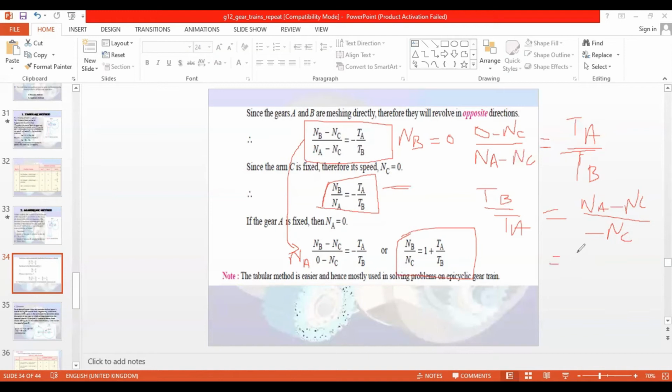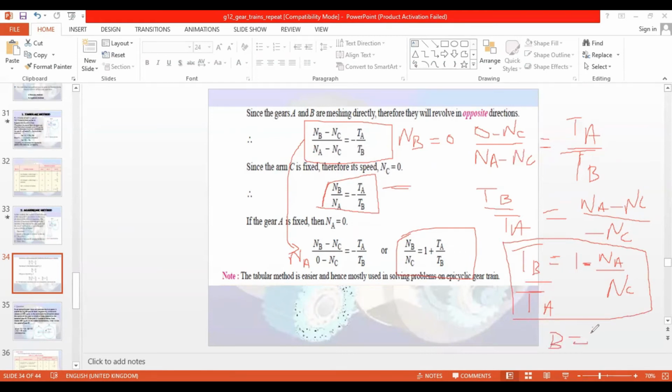So you can have 1 minus NA upon NC equal to TB by TA. Minus NC upon minus NC, that is 1. NA upon minus NC. So 1 minus NA by NC is equal to TB upon TA. So this will be the equation when B is fixed, right?